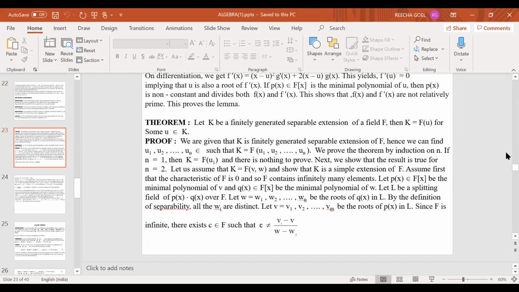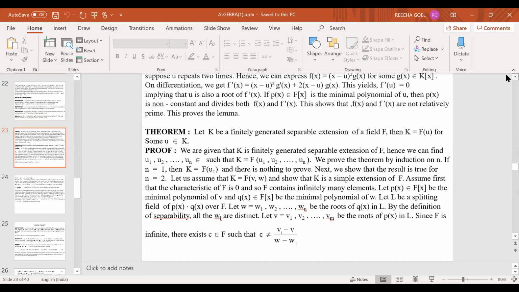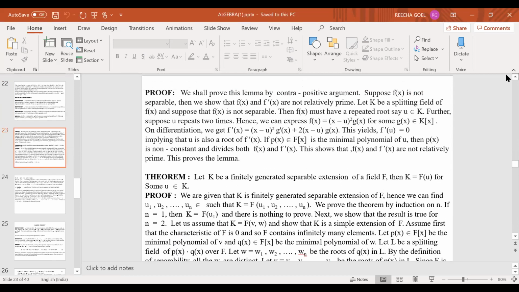And let us see the proof of this lemma. We shall prove this lemma by the contrapositive argument. Suppose f(x) is not separable. It means it has multiple roots.